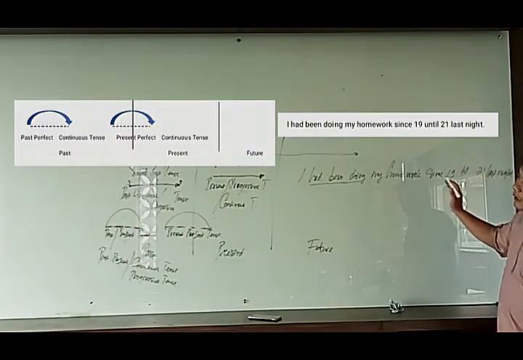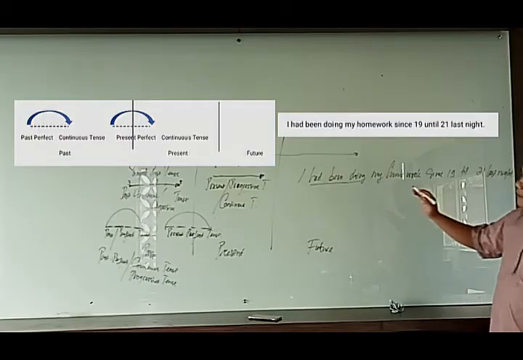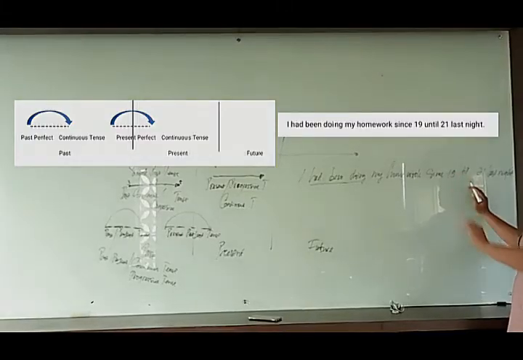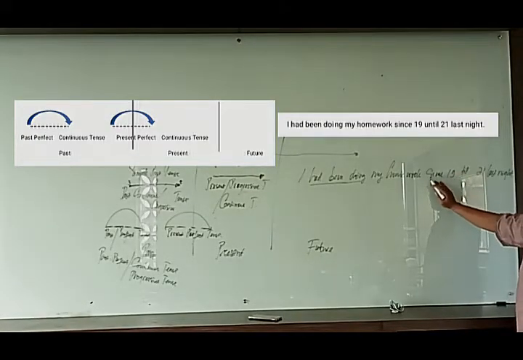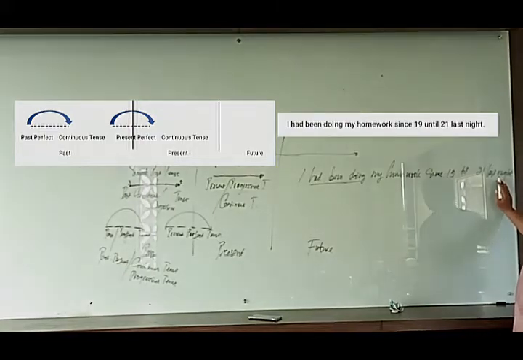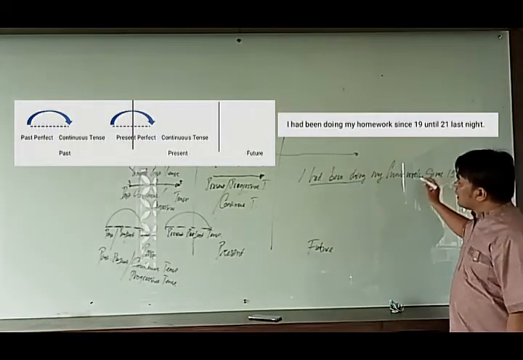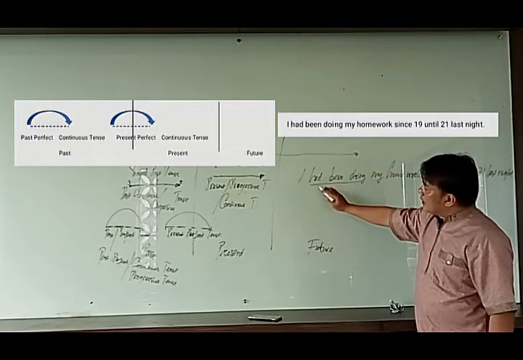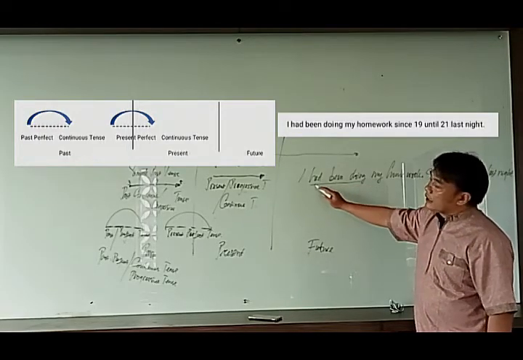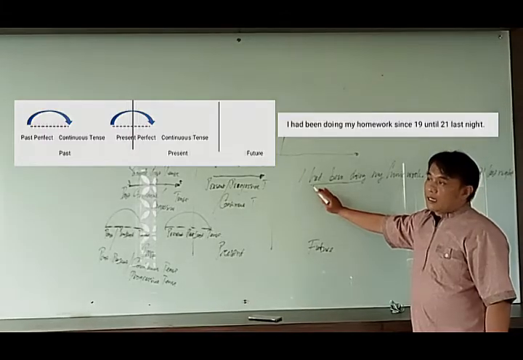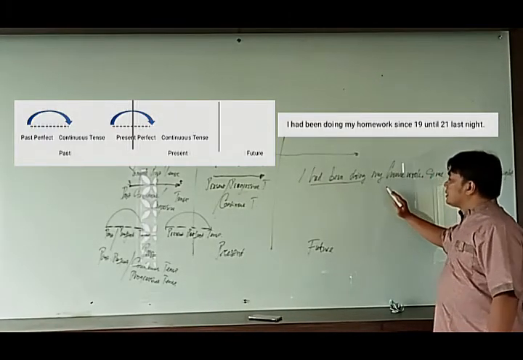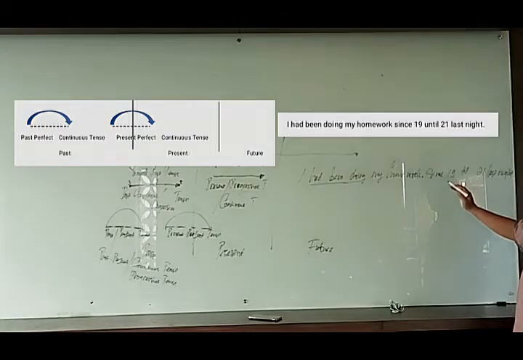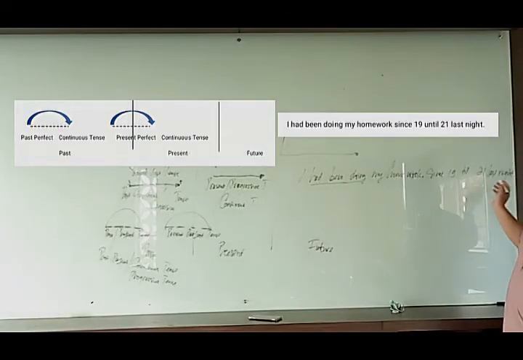Mirip sekali dengan past continuous tense ya. Iya, kalau itu sedang terjadi di waktu lampau, namun tidak menerangkan secara sempurna dari kapan sampai kapan. Kalau segini saja, mirip sekali. Namun ketika ada had been doing, berarti ini ada penekanan bahwa si pembicara menerangkan bahwa durasi tersebut ada, ya.